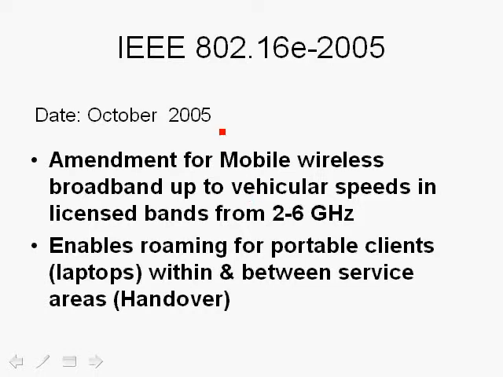802.16e-2005 was published in October 2005 and supports mobile wireless devices for broadband at high vehicular speeds and also in licensed bands from 2 to 6 gigahertz. It also supports roaming for portable clients within and between service areas.